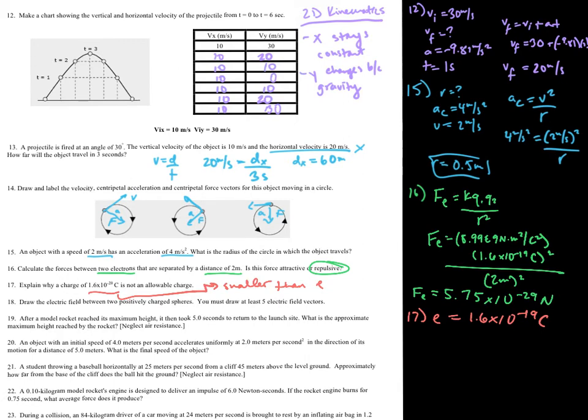Alright. Now number 18 is the last one I'll do on this page. Draw the electric field between two positively charged spheres. You must draw at least 5 electric field vectors. So 2 positively charged spheres. Remember that positives radiate happiness, negatives suck in happiness. And that like charges repel, so these lines will curve away from each other.